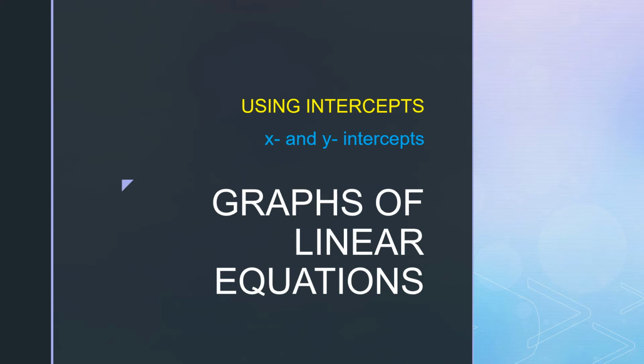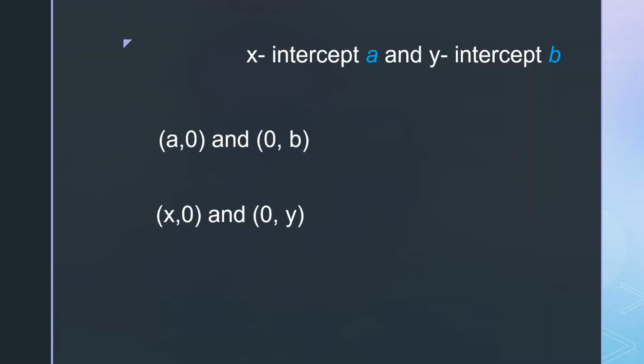Hello, welcome back. For the lesson graphs of linear equations, in this video we're going to graph equations using the intercepts, or what we call x and y intercepts. X-intercept A and y-intercept B is just using the symbol A for our x and B for our y.